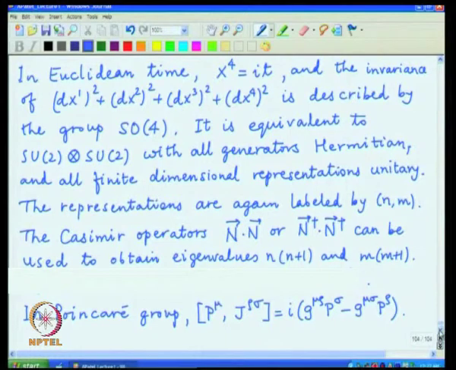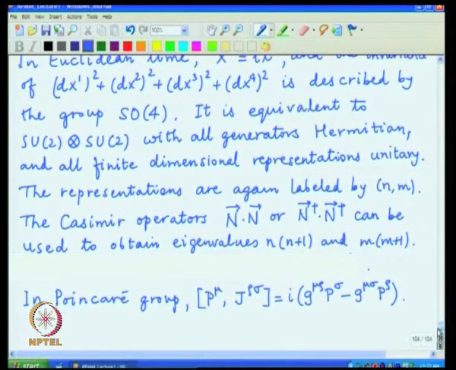These are non-trivial. The right hand side is not 0.